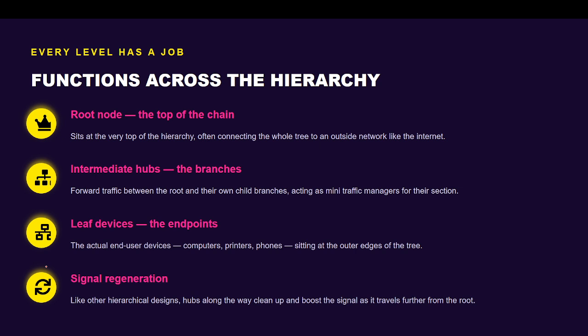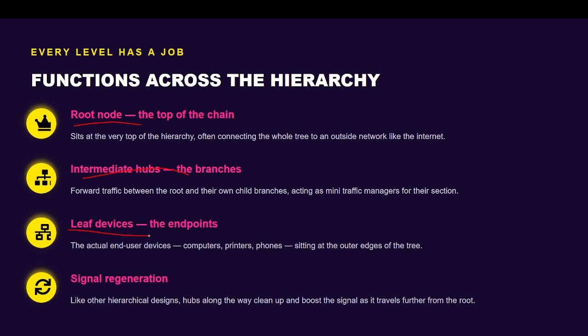Function across the hierarchy: every level has a job. The root node sits at the very top, often the thing connecting your whole tree out to the internet. Intermediate hubs are the branches, forwarding traffic between the root and their own section, like mini traffic managers.